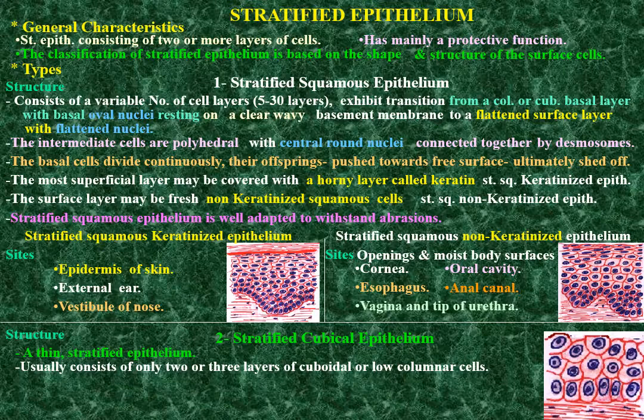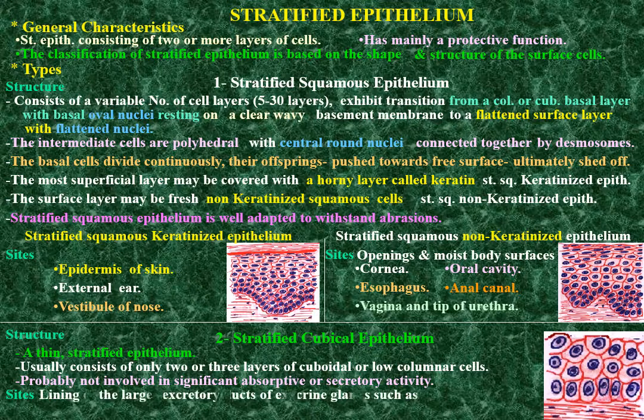Stratified cuboidal epithelium is probably not involved in significant absorptive or secretory activity. Sites: stratified cuboidal epithelium is found lining the larger excretory ducts of exocrine glands such as the salivary glands. Also, it lines the larger ducts of sweat glands.